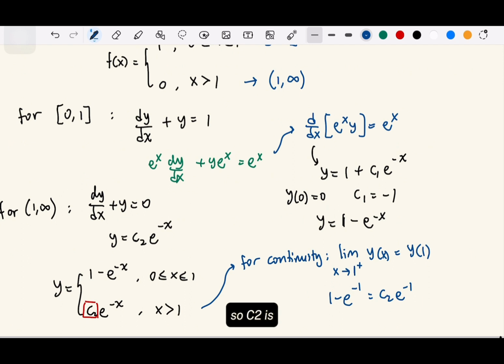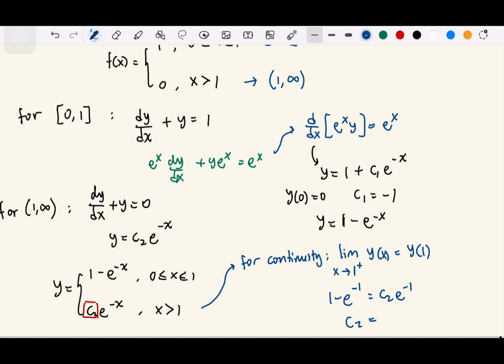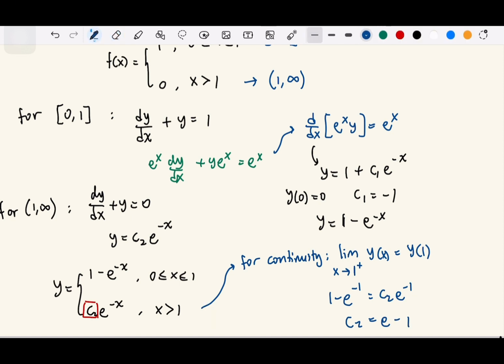So c2 is divided by e^(-1), which is e, or e minus 1, right?